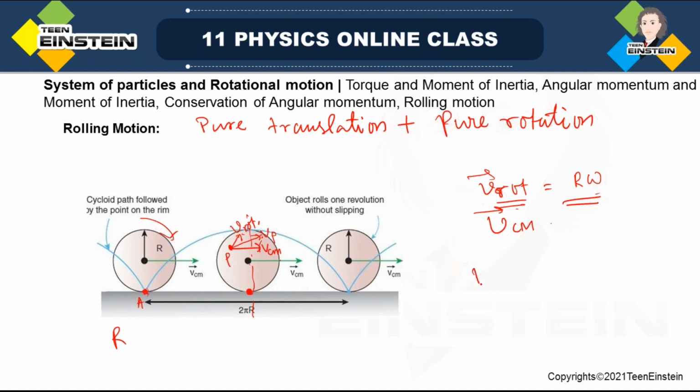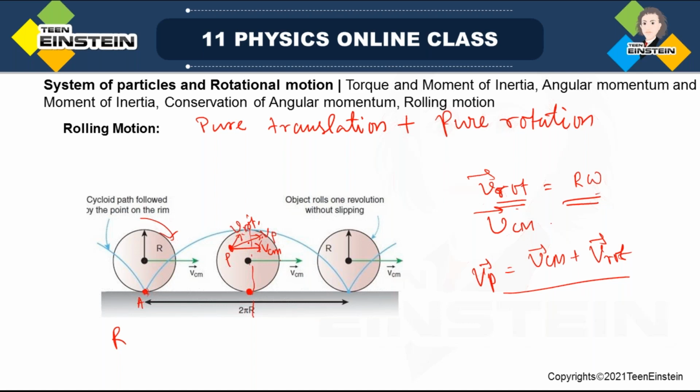So vp will be vcm plus v rotation. From this we will be able to get the total translational velocity of any particle on the disk at any instant of time.